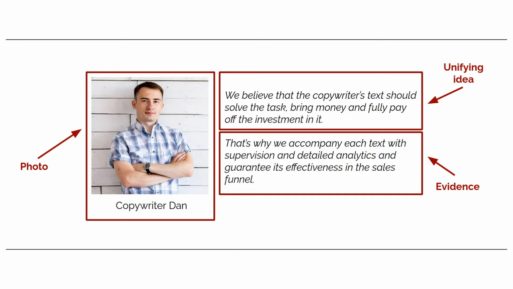It begins, as a rule, with the words "that's why." By the way, that's why it is called why formula. For example, that's why we accompany each text with supervision and detailed analytics and guarantee its effectiveness in the sales funnel. The use of this triple technique instills confidence in the audience, builds trust, and allows us to stand out from competitors.